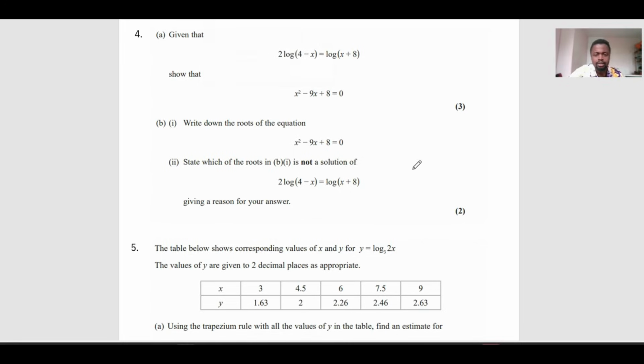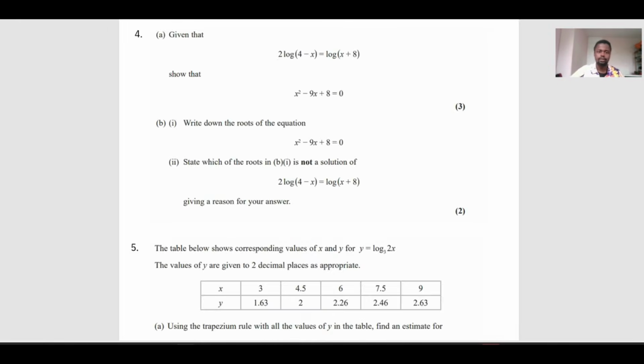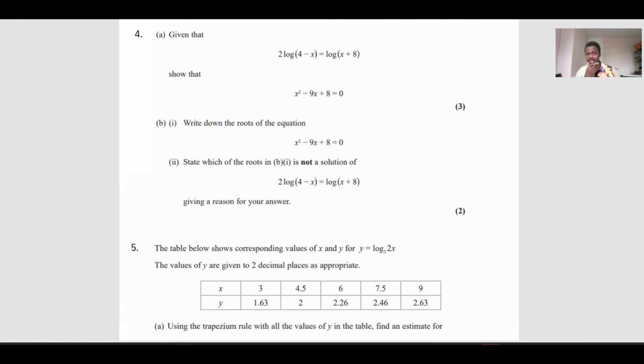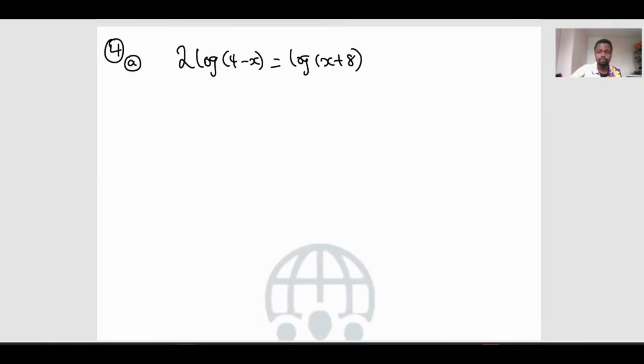It says given that this equal to this, show that. So let's write it out. Yeah, it says given that 2 log of 4 minus x equals log of x plus 8. So we have to show this quadratic equation. So let's see.